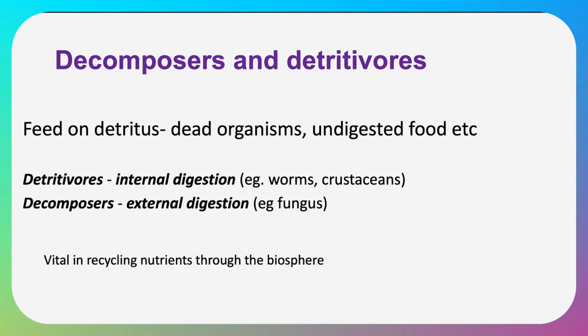So worms, crustaceans, etc. Whereas decomposers do external digestion, so fungus, etc. They actually digest external to their body, so they release enzymes into the detritus, and those chemical enzymes break up the detritus into smaller components, which are then sucked in to the fungus. So how do we remember this? So detritivore has "i" in it, so that's how we think about internal digestion.